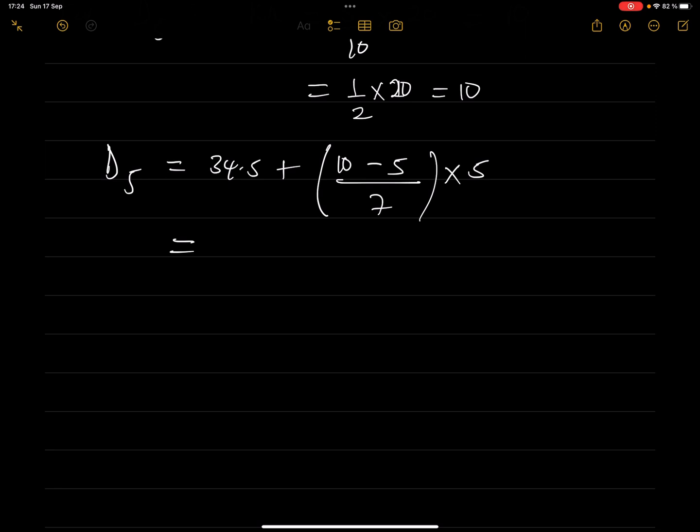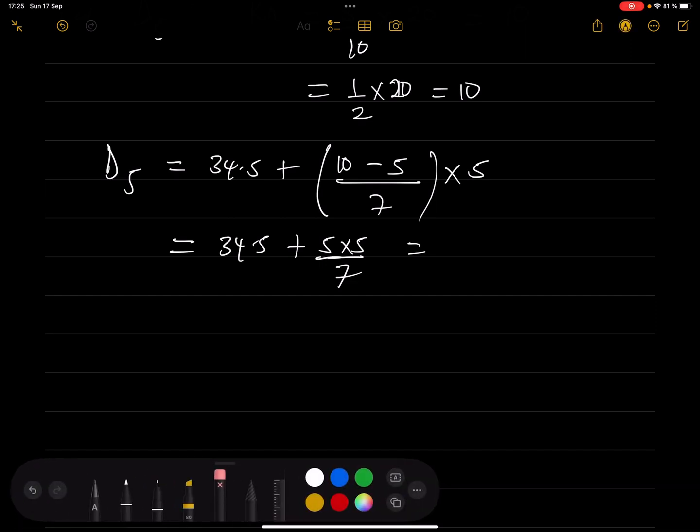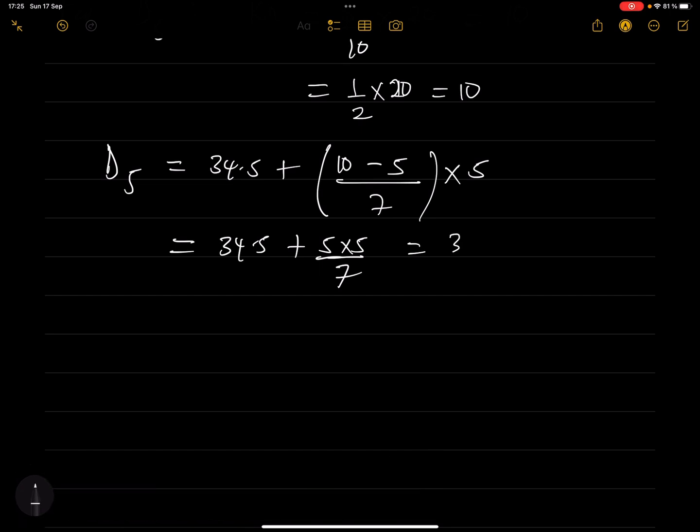So now we have 34.5 plus 10 minus 5, that will give you 5, times 5 divided by 7. So this gives 34.5 plus 5 times 5, which is 25.